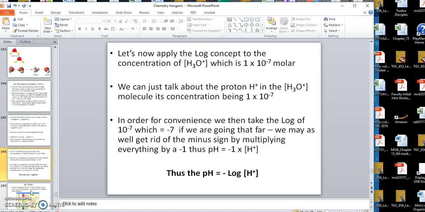The ultimate pH formula that we'll talk about, and I'll expand in ANP2, is that the pH equals the negative log of the hydrogen ion concentration. So at this time, just concentrate that changes in this H plus, these protons, affect the pH.